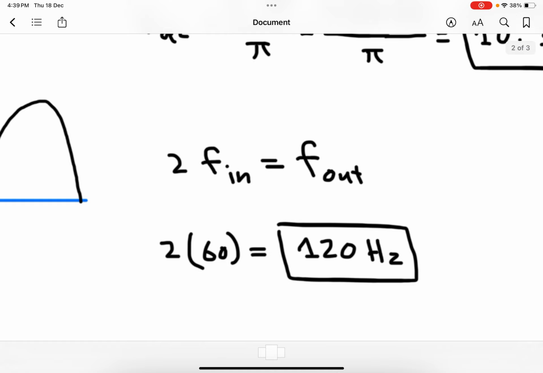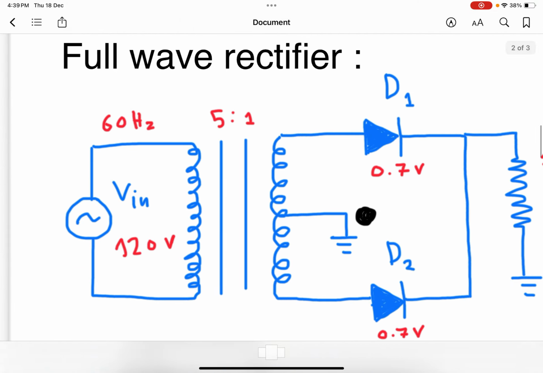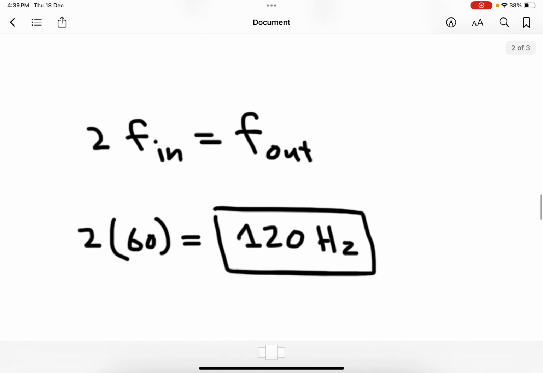Now if we want to calculate the output frequency, here it's different from the previous one, the half wave rectifier. Here we should multiply the input frequency by 2. So we have input frequency in the example 60 Hz. So we should multiply it by 2.